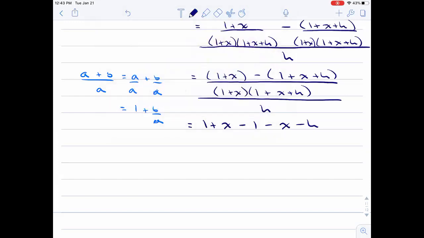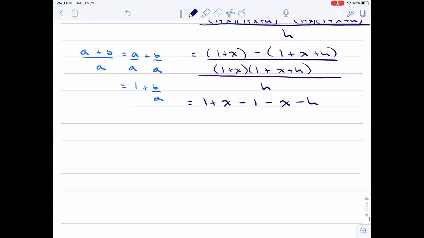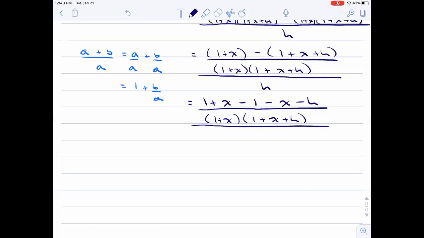Okay. What I'm going to do is leave the denominator as is, because hopefully we won't have to deal with it too much. I'm going to leave it for now, hoping that things will cancel later: 1 plus x times 1 plus x plus h all over h.